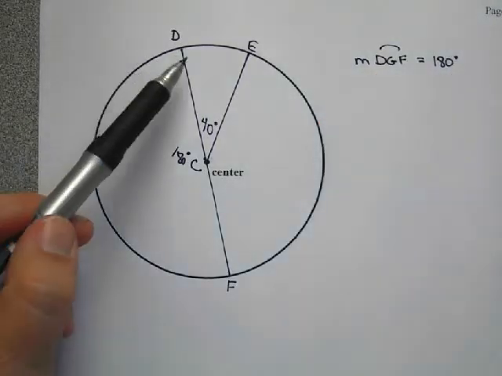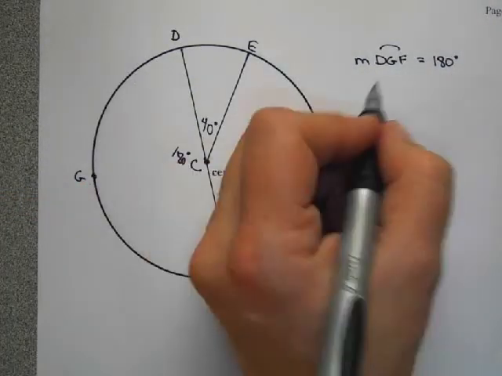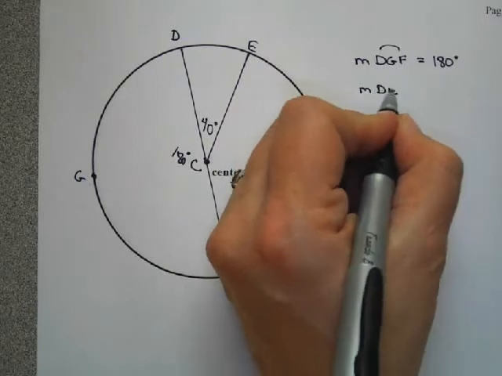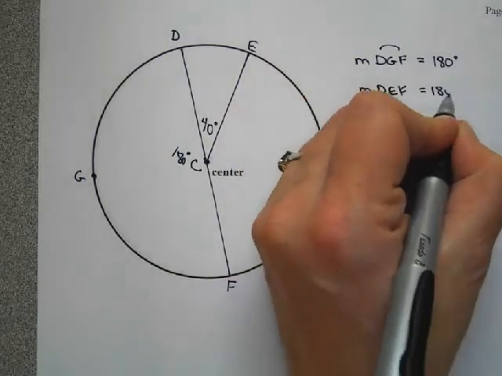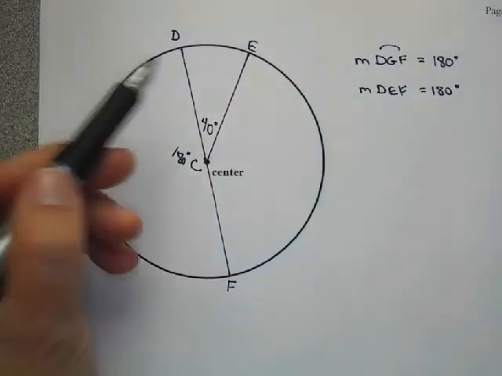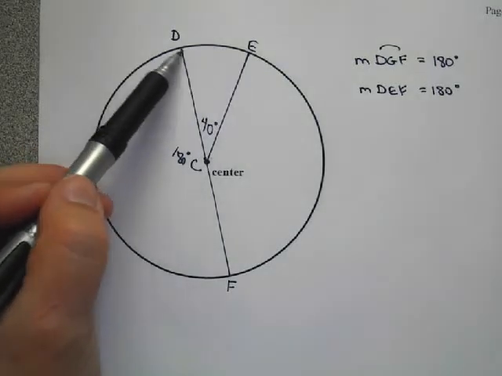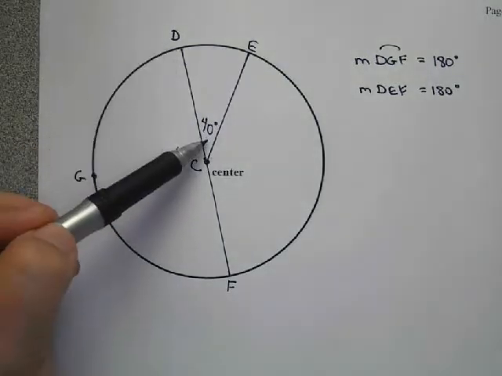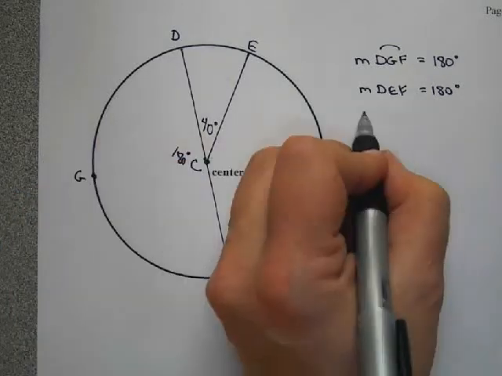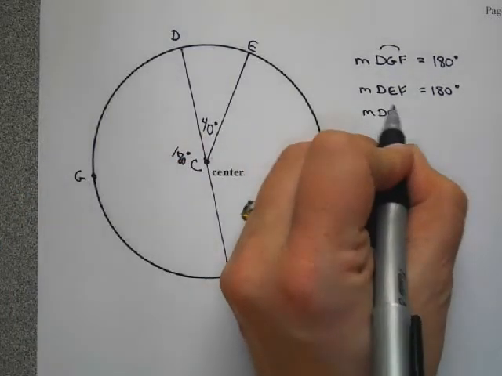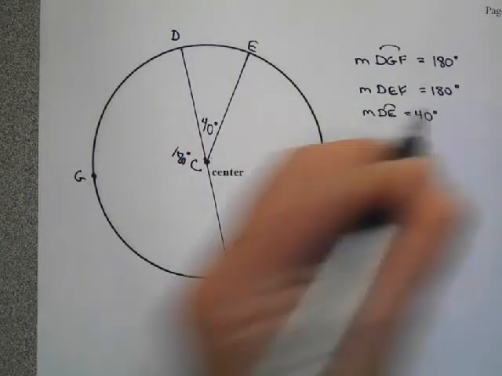What that also means is arc DEF is 180 degrees. Arc DE would be the same as its central angle. So arc DE would be 40 degrees.